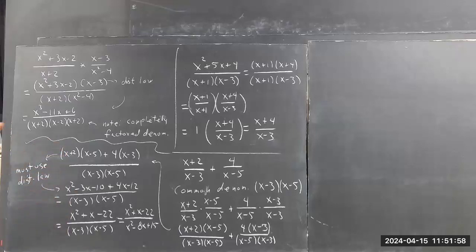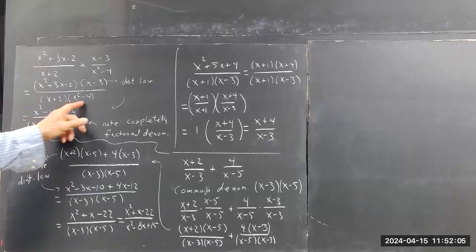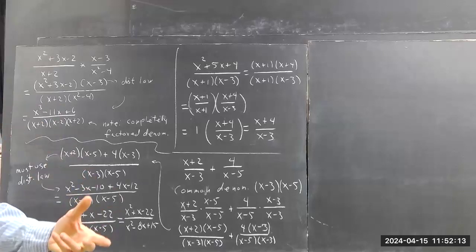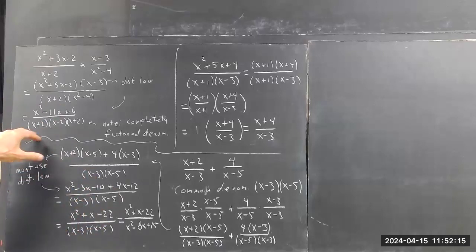Shouldn't say it. Okay. Now you could again multiply out this denominator, or multiply out the denominator as it is here, but that's not going to be particularly useful since the numerator doesn't factor over whole numbers. I don't think the denominator will either. Okay.